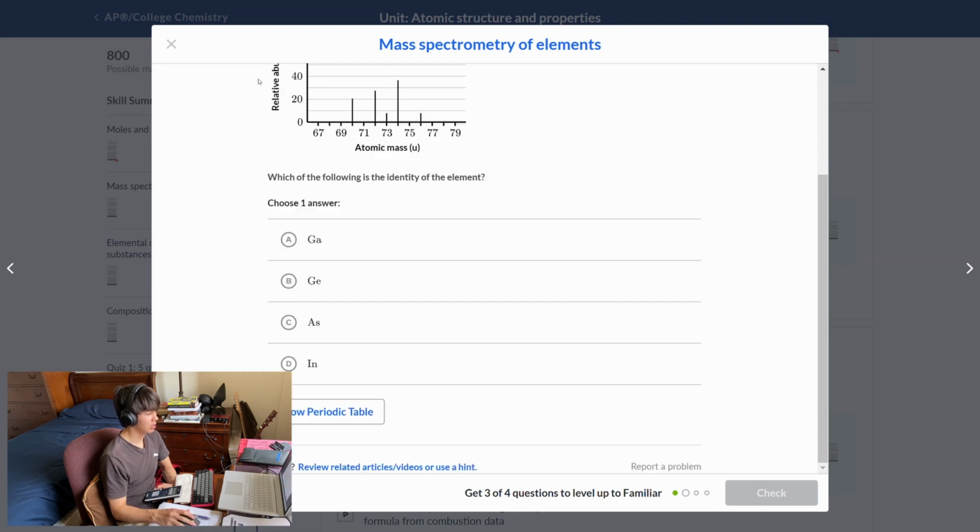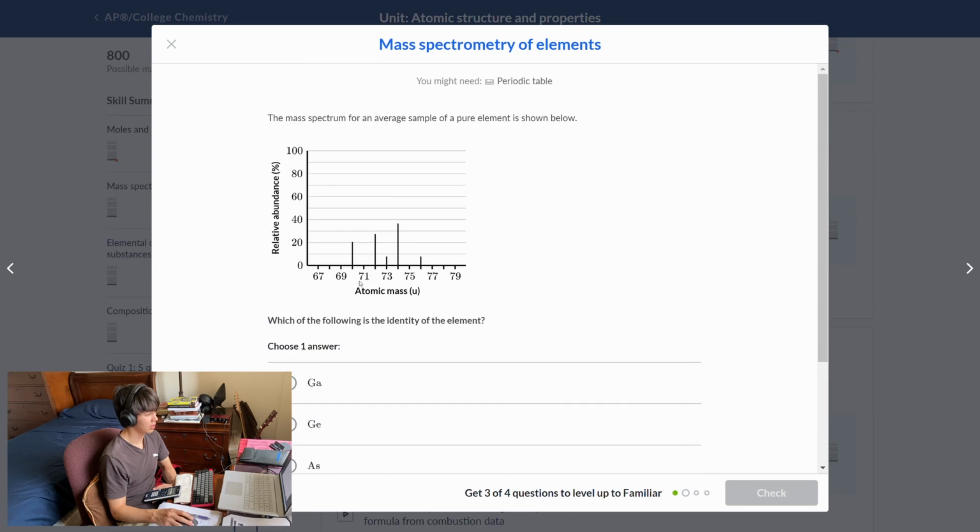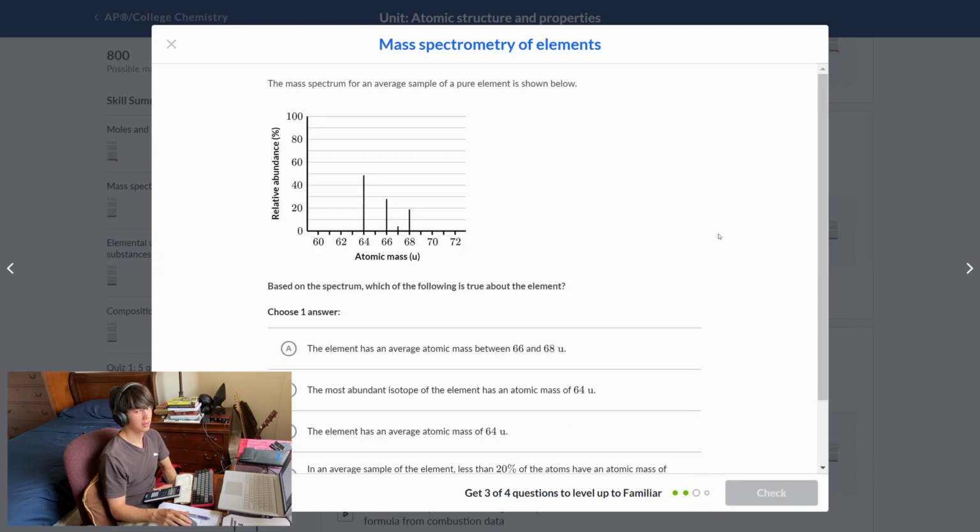Where do we average? We average around 73, so it's Ge. I'm sure I'm supposed to actually calculate the average using the percentages, but meh.